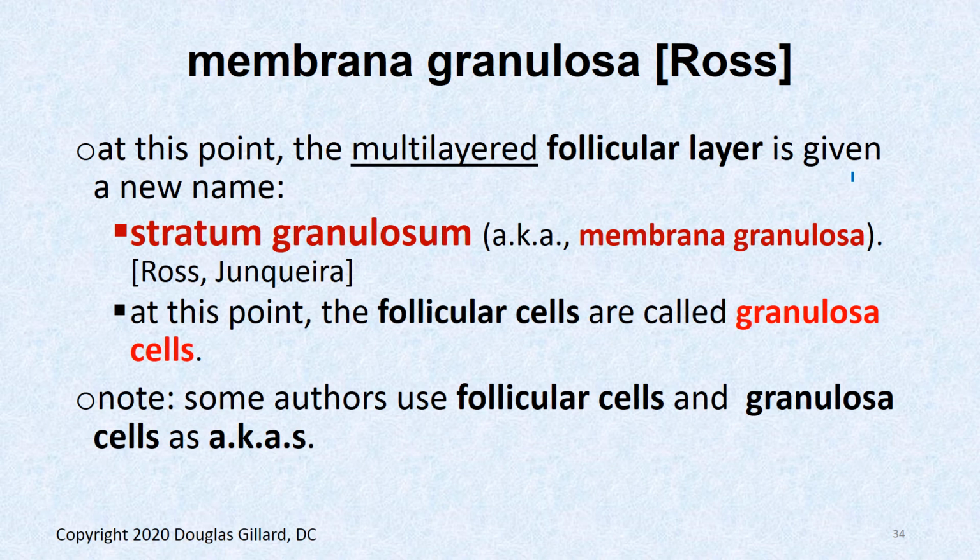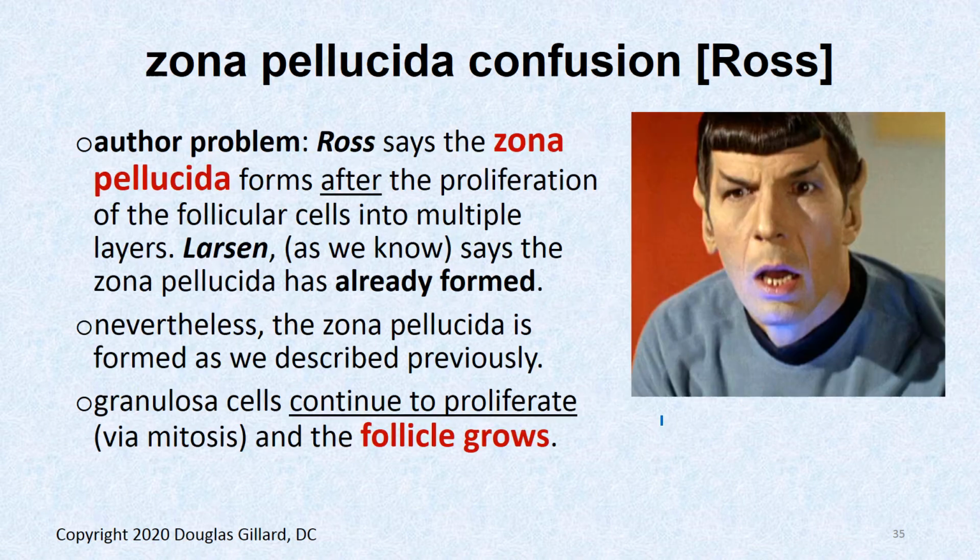It's just multiple follicular cells that have grown. You only use the term follicular cells when there's a single layer. Once it becomes more than 1 layer thick, you use the term granulosa cells. Some authors use them as AKAs.